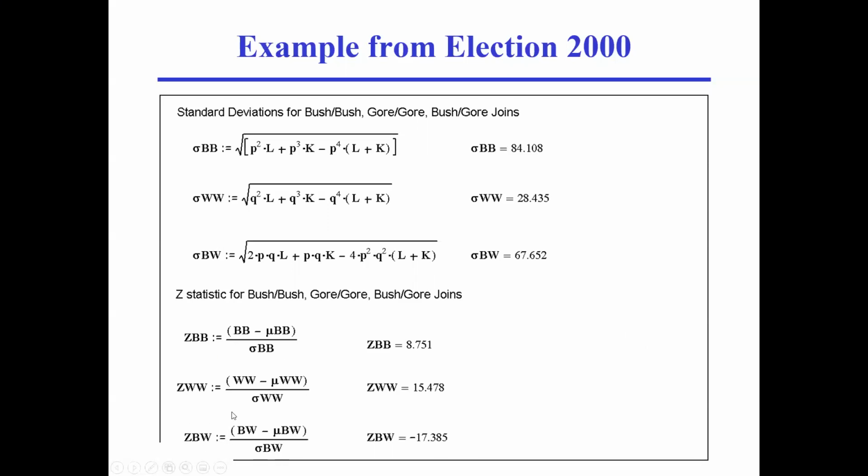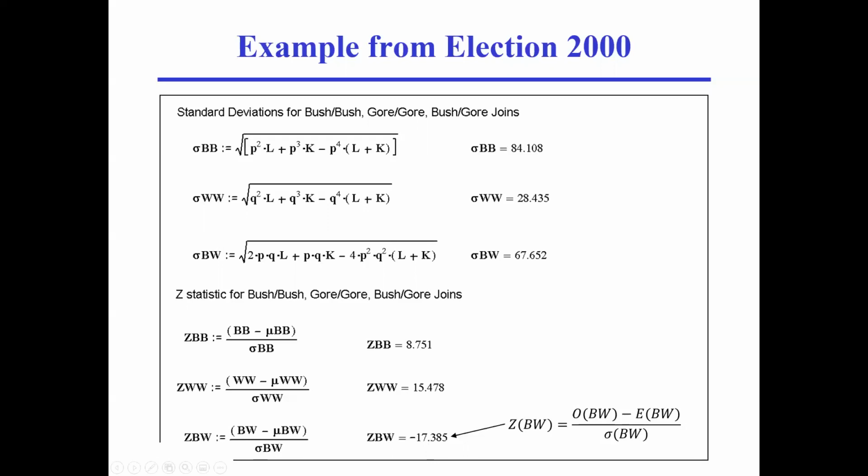So again, let's focus on ZBW. The absolute value of ZBW here is pretty big. It's 17.385. So for this specific example, no matter what value you use for alpha, this absolute value will be larger than any value in that lookup table for the z-test, right?